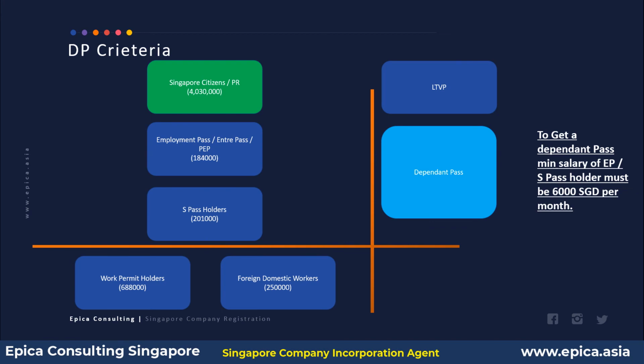This condition is not applicable to LTVP, application of long-term visit pass, who are spouses or dependents of Singapore citizen or PR. One more point to highlight, in case an employment pass holder wishes to bring his mother or father on long-term social visit pass, then they can easily apply, provided they have a salary exceeding 12,000 Singapore dollars per month.